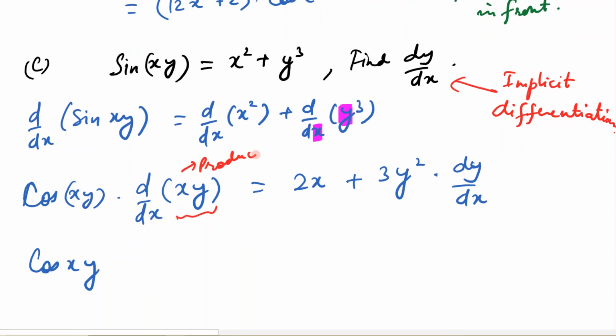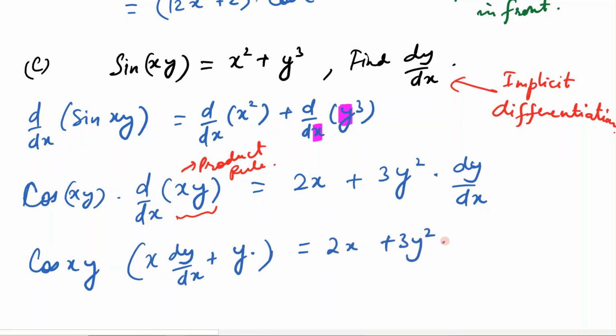For any mixed terms, you're going to use the product rule. So the derivative of x as it is, derivative of y, plus y as it is, derivative of x, which is just 1. So 2x plus 3y squared dy over dx.